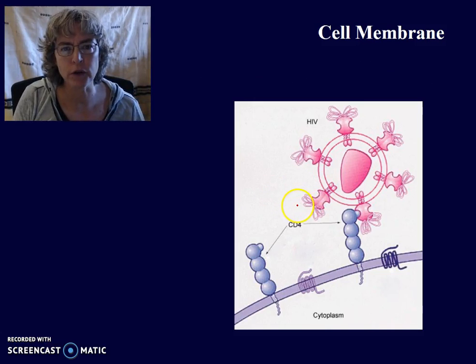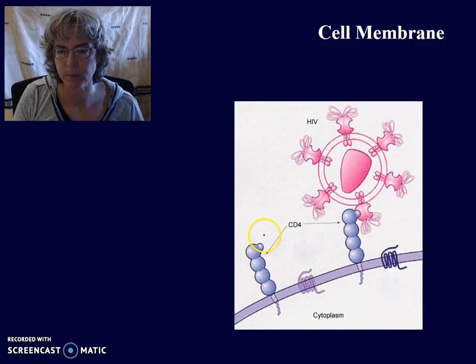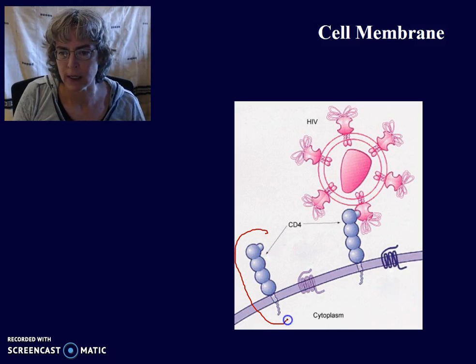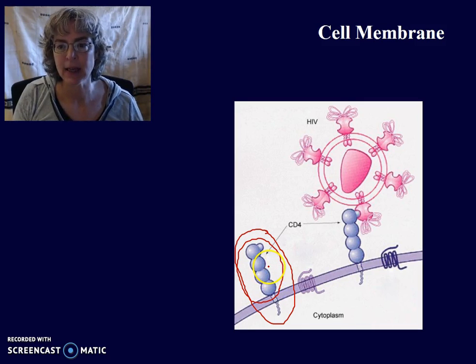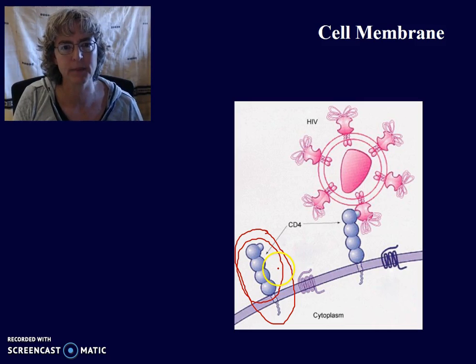Okay, so let's see. So on the surface of the cell membrane, here is a glycoprotein. So there's a protein and a sugar molecule sticking out. And these are receptors, so they're used for communicating outside of the cell.